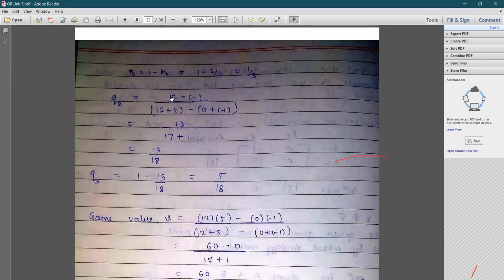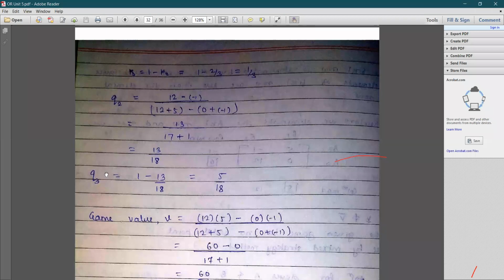Therefore here 13 upon 18. And Q3 is equal to 1 minus Q2, that is 1 minus 13 by 18, that is equal to 5 by 18. Means Q2 is equal to 13 by 18 and Q3 is equal to 5 by 18.